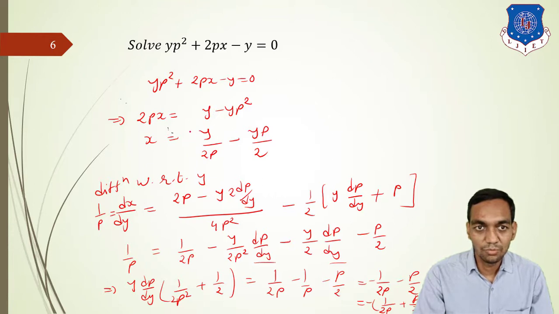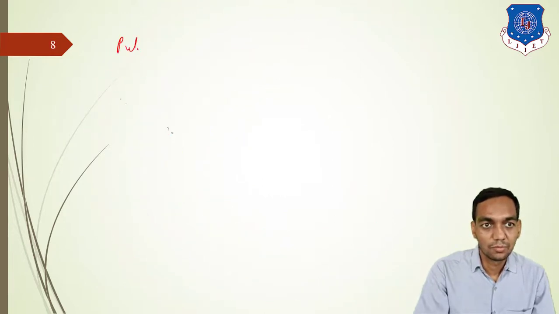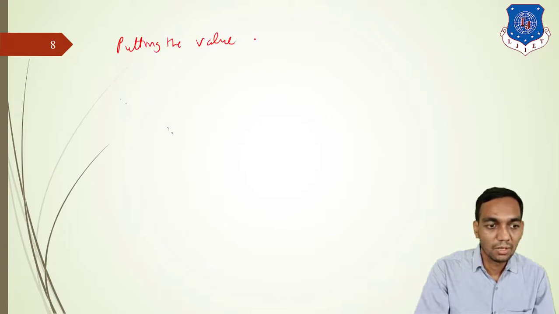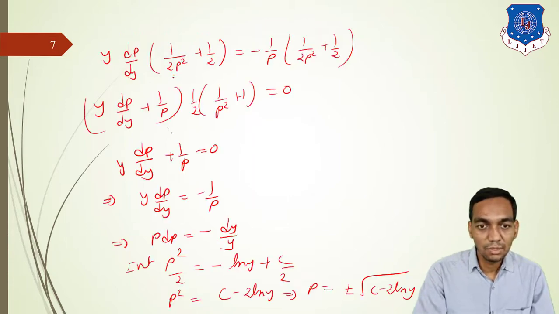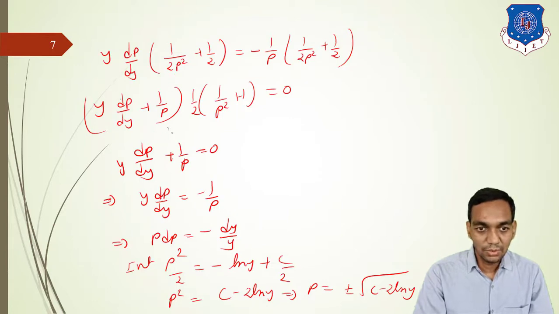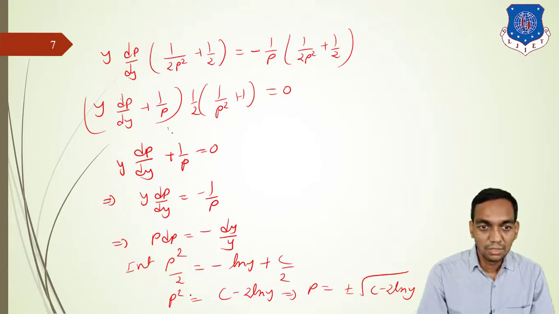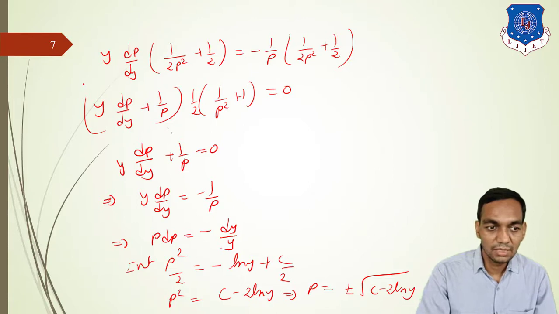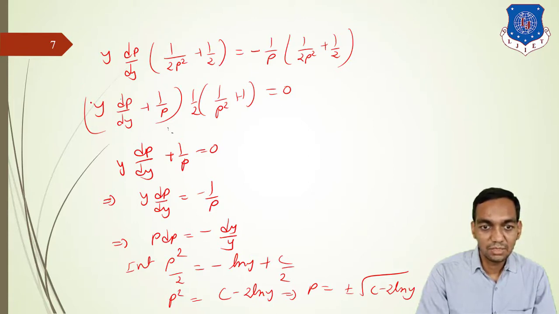So here putting the value in equation 1, we have, okay, so what we are going to do, we are going to write this in the form of p square is equal to c minus 2 log y.